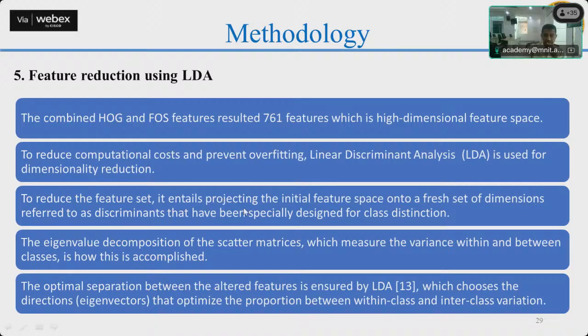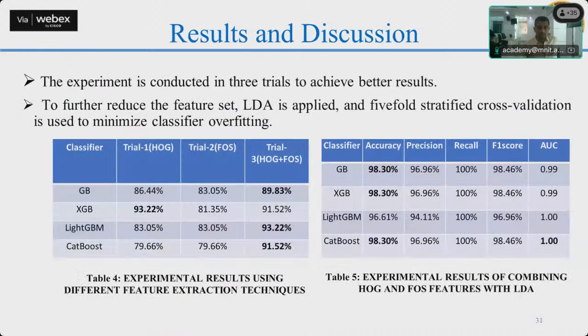To reduce the feature set, we project the initial feature space onto a fresh set of dimensions, referred to as discriminants, that have been specially designed for class distinction. We have already covered that. Here the trials 2 and 3 have been shown. What is the key difference here when LDA has been used?